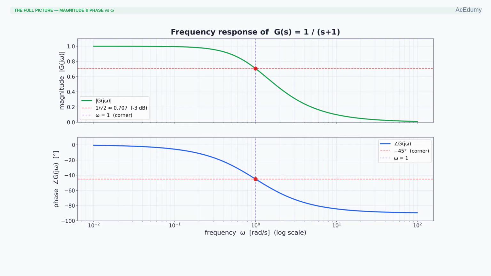Magnitude starts at 1 at dc, drops to 0.707 at the corner, falls off as 1 over omega for high frequencies. Phase starts at 0, passes minus 45 degrees at the corner, approaches minus 90 degrees as omega goes to infinity. These two curves are the system. They contain everything you need to predict how the system will respond to any sinusoidal input, and by Fourier, to any input.